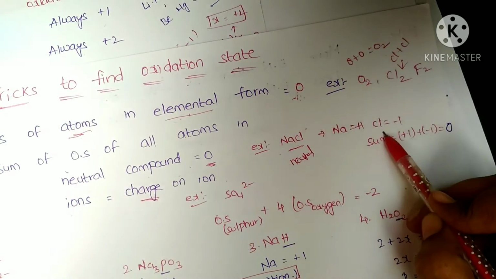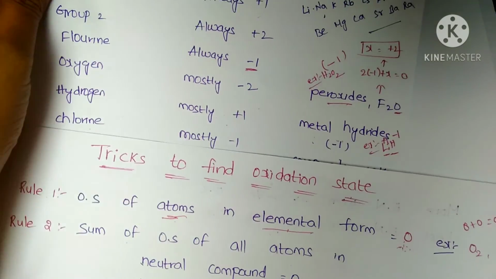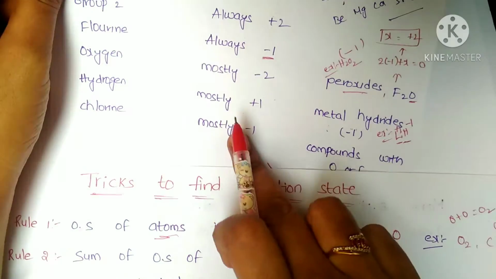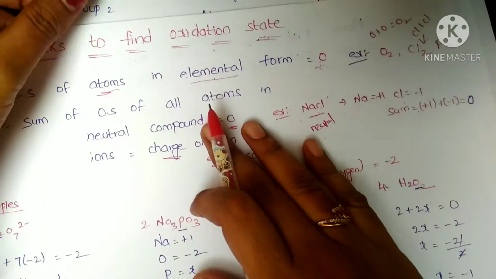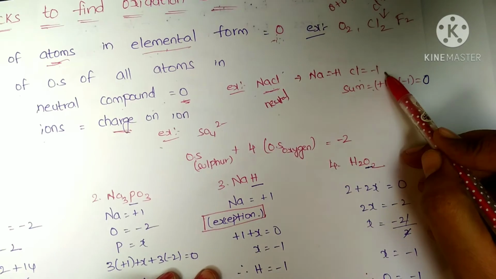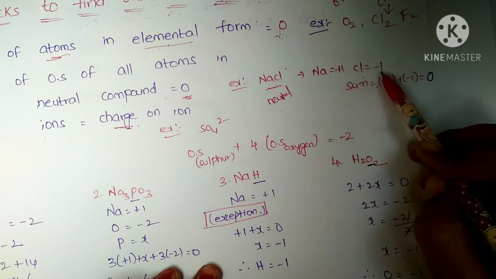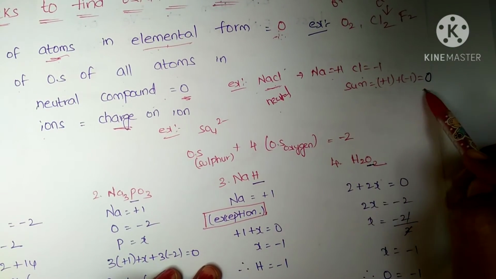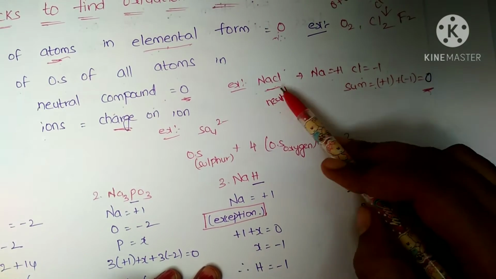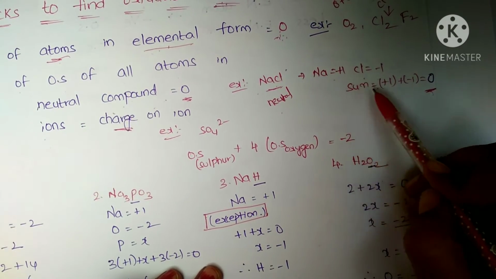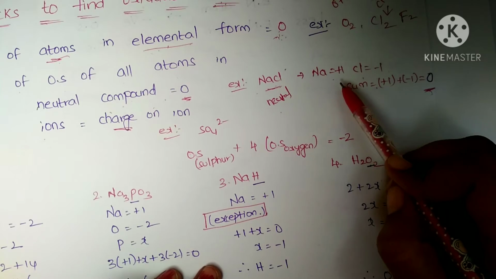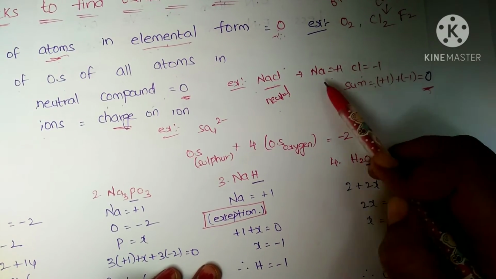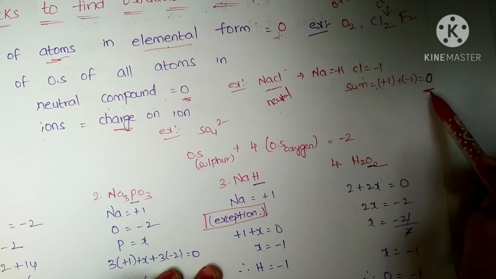Coming to chlorine, in this table we already discussed chlorine mostly exhibits -1. So the chlorine charge is -1. If you do the sum, +1 and -1 equals 0. As it is a neutral compound, the sum of all the atoms present here, sodium and chlorine, should equal 0.